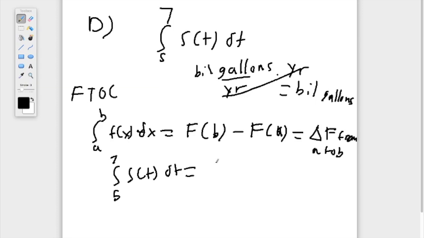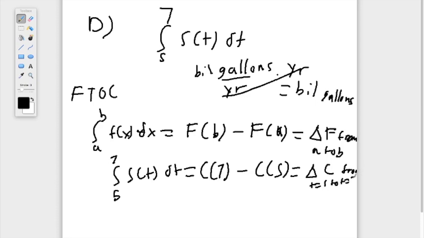Let's just call our new function C for now. It doesn't really matter what you call it. So we get C of 7 minus C of 5, right? Or this is the delta C from t equals 5 to t equals 7, or in this case, January 1st, 1985 to January 1st, 1987.